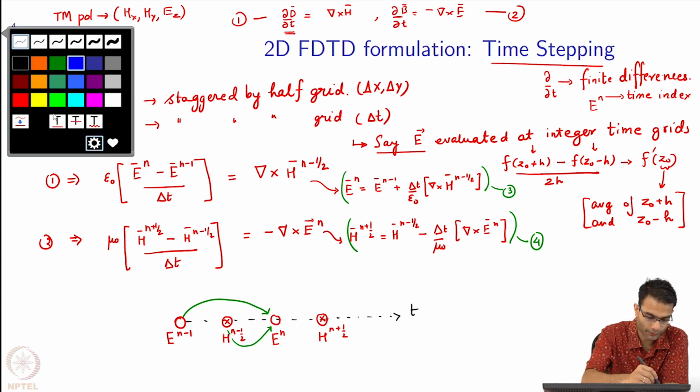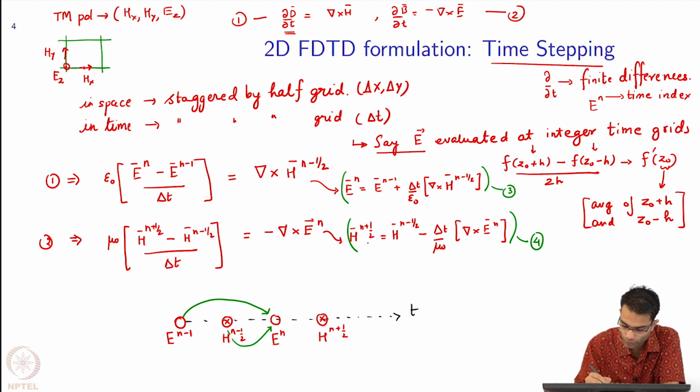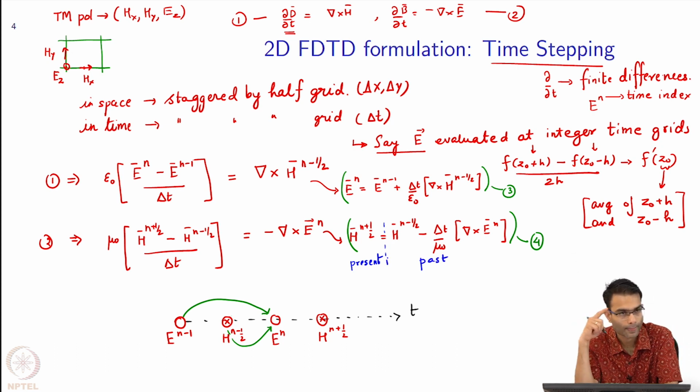Okay. Equation 4 is telling me what? Equation 4 is talking about h n plus half, right. So, you can think of this equal to sign as sort of dividing the present from the past. So, the right hand side requires what?